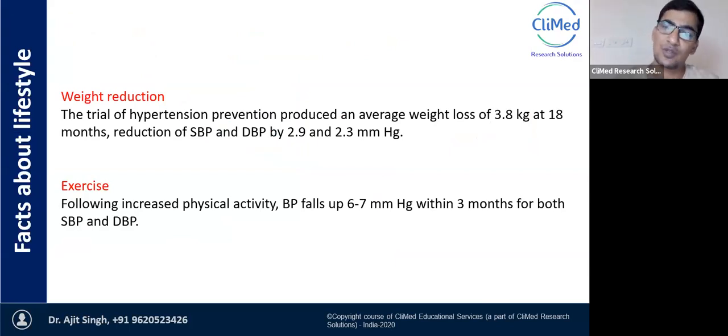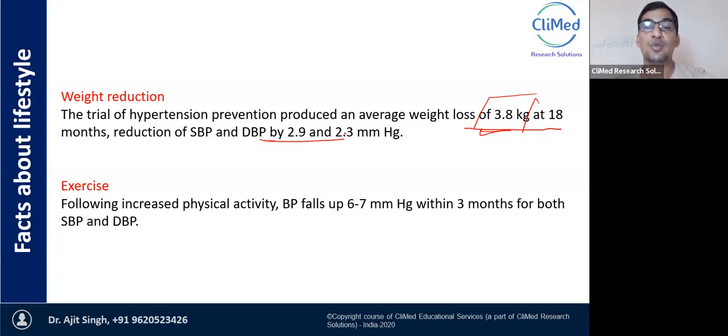So what are the things about lifestyle? Weight reduction. If we are reducing our weight by 3.8 kg in 18 months, look at this. In the patients of hypertension, if we are reducing the weight by 3.8 kg, we are reducing the blood pressure by 2.3 to 2.9 mmHg, means 2.5 or 3 mmHg blood pressure we are reducing.